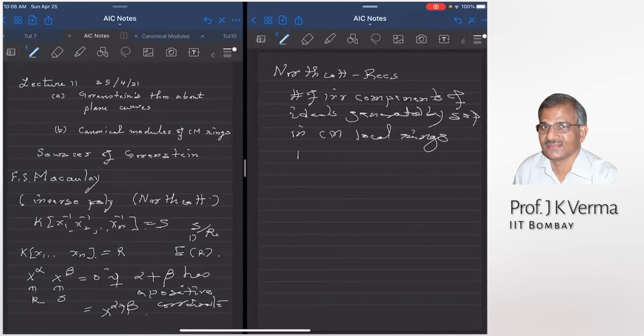If you take a system of parameters in a Cohen-Macaulay local ring and then go mod x bar, then this is an Artin local ring.